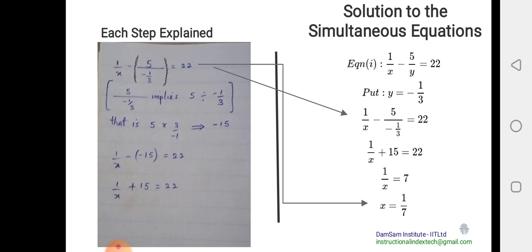We return that -15 to what we have simplified to have 1 over x minus -15 is equal to 22. Negative, negative becomes positive, like minus times minus is positive. So we have 1 over x plus 15 is equal to 22, just like we have it here.